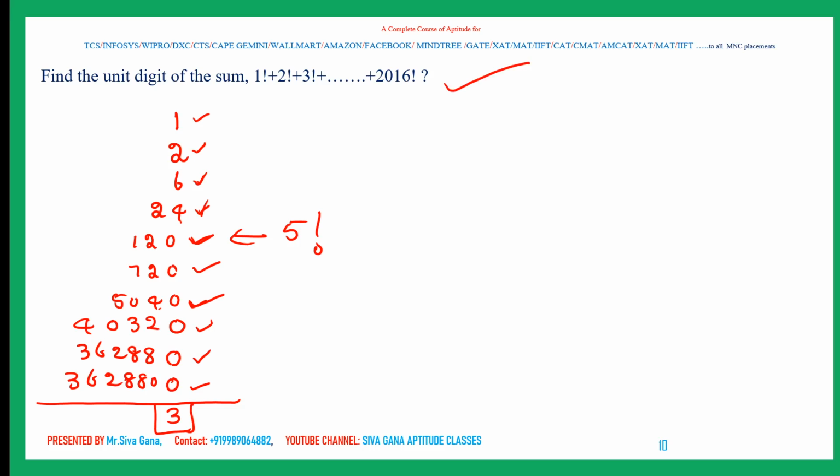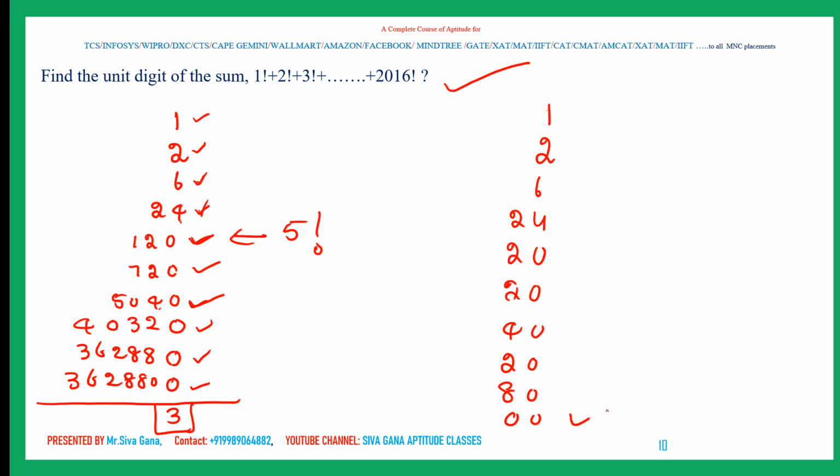Now, for the same question, if he asks the last 2 digits, what are we going to do? If he asks the last 2 digits, you have to do this. 1, 2, 6. For last 2 digits, we need only the last 2 digits of each and every factorial.